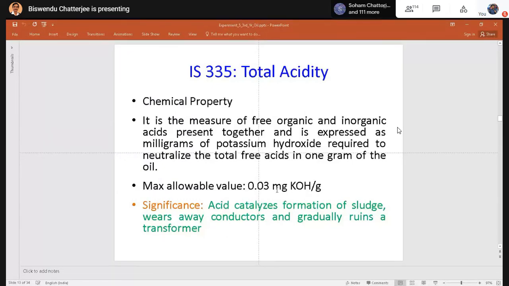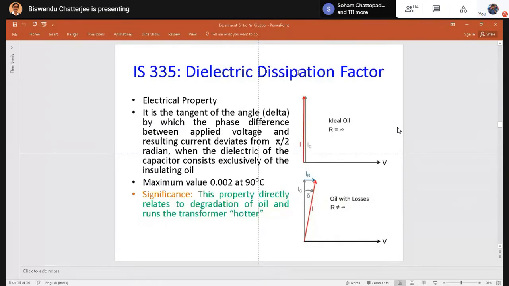Next come the electrical properties, of which you have read the dielectric dissipation factor. This means if you place the oil as a dielectric between two electrodes and make it a capacitor and just pass the current, what do you expect? The current will lead the voltage by 90 degree for pure capacitance.